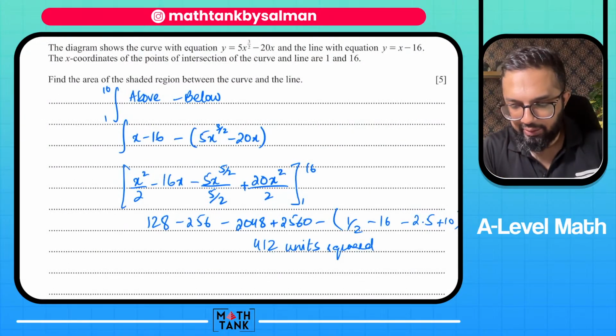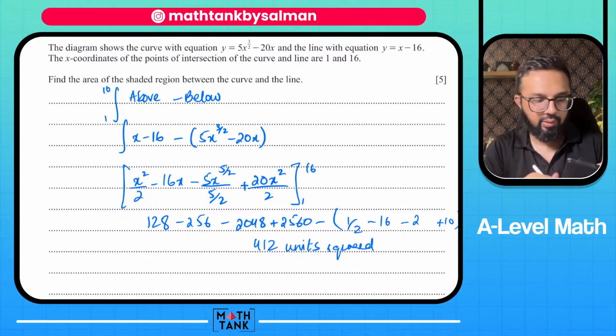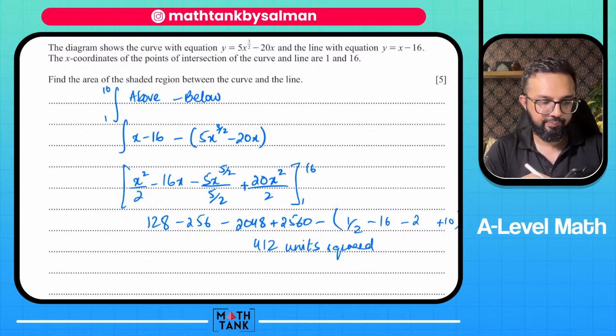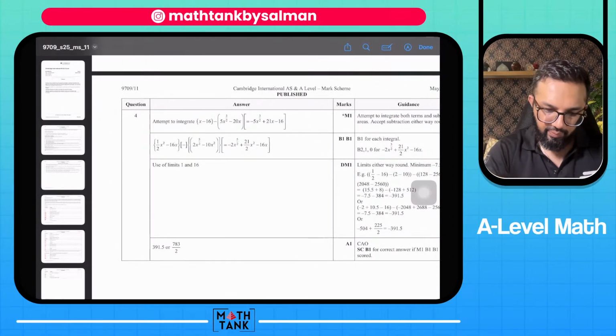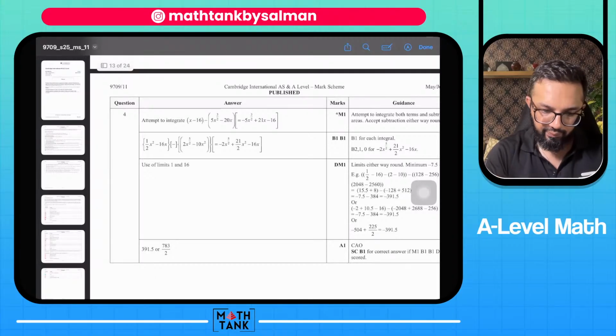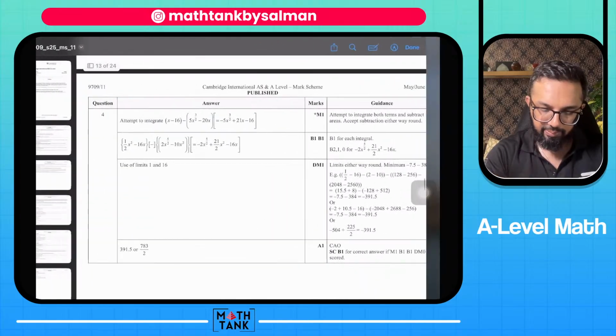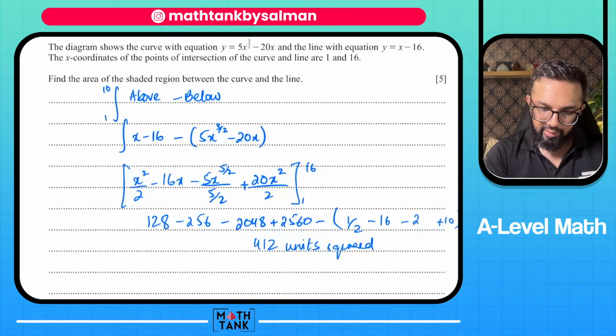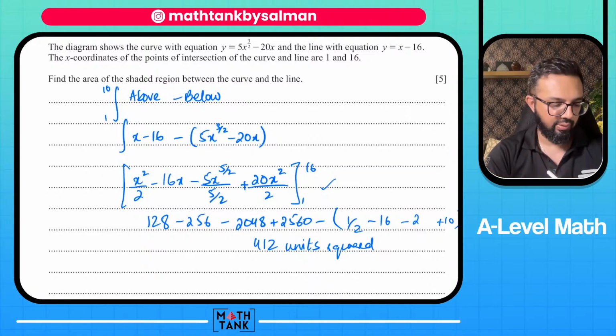Okay, I think I messed up here. 411.5. Okay, that's also not the right answer. So I have half x squared minus 16x minus this plus that. I think I have the numbers correct. I was just not plugging in the limits correctly. So 16 squared divided by 2 is giving me 128. 16 into 16 is giving me 256.